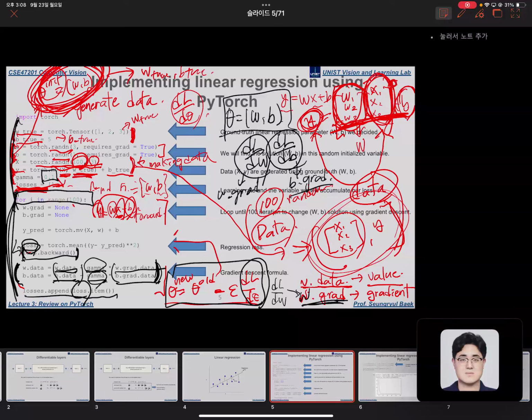And here, we initialize W and B randomly first. And through these 100 iterations, by applying this gradient update 100 times, we are expecting the randomly initialized W and B to become similar to the W true and B true values.